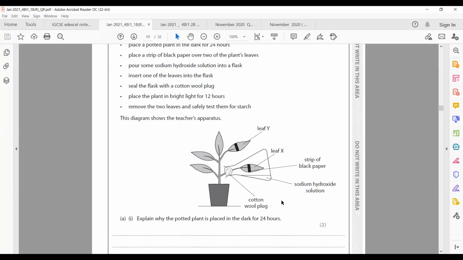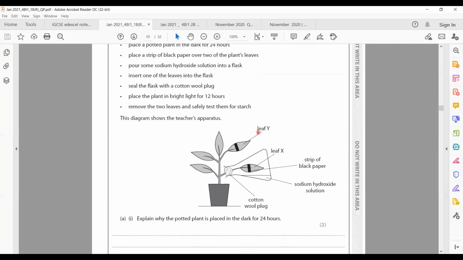So she did de-starching when she left it in darkness for 24 hours, to allow the plant to use the starch, change it into glucose, and respire from it, of course, because there is no photosynthesis. So any starch that is present afterwards is due to photosynthesis.